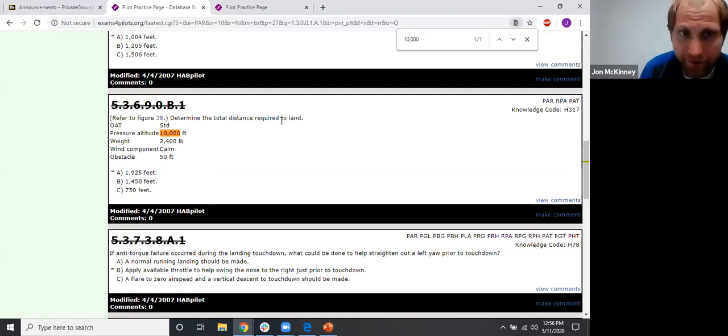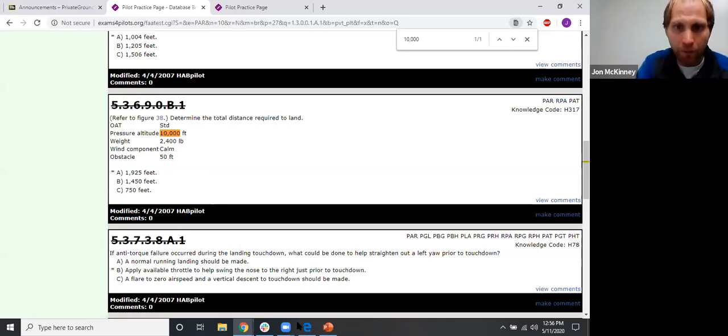We said weight in pounds is 2,400, and we said wind is calm. And then we said obstacle is 50 feet. And then I have ABC answer choices: A is 1925, B is 1450, and C is 750. So on my piece of scratch paper, I quickly document some of those things, so that way I'm ready to try to figure it out.